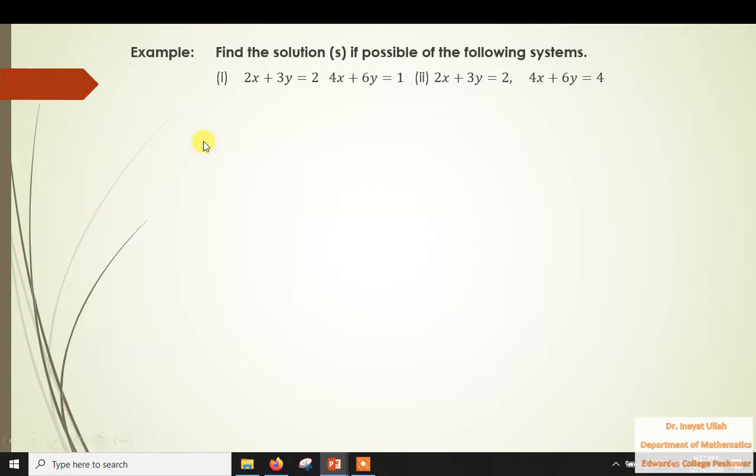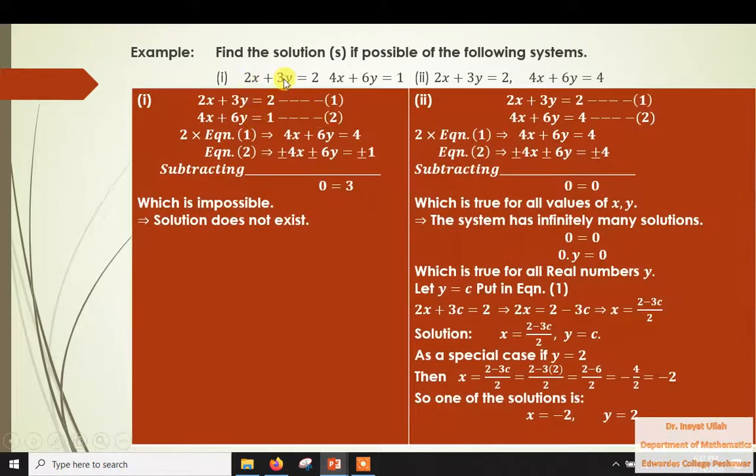That is the first question and that is the second question. We need to find the solution if possible. So first of all, we have taken these two equations, equation 1 and equation 2, and by using the elimination method, multiplying equation 1 by 2.